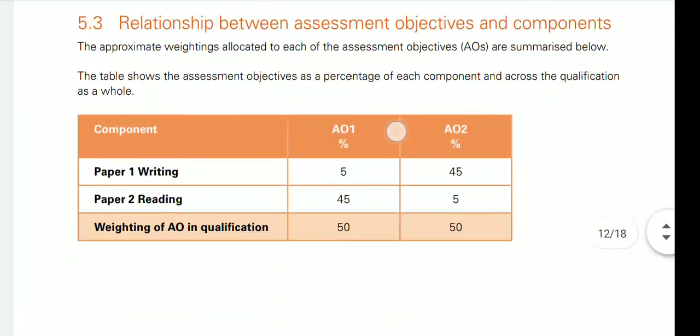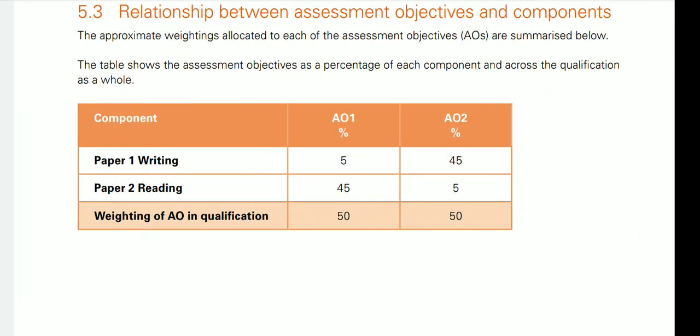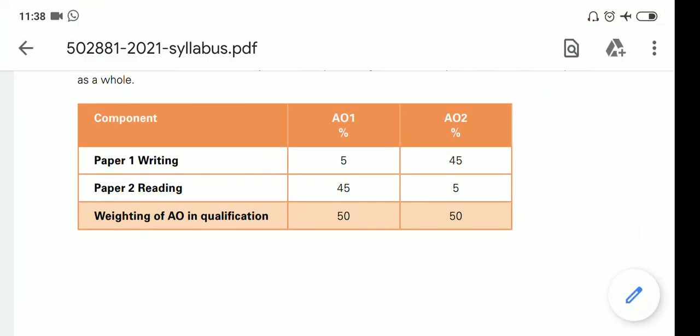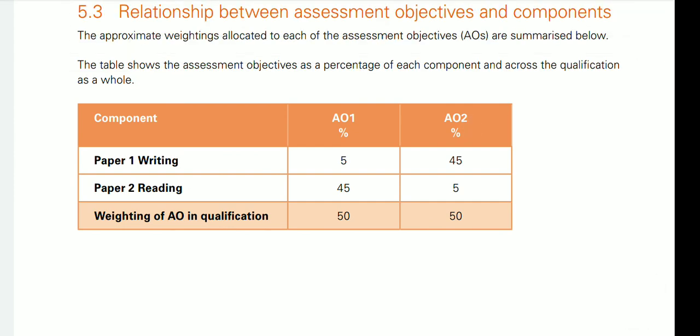And similarly, for the reading paper, the 5% assessment objective is for writing. Definitely, in the reading paper when you are reading passages, your spelling, your grammar and your punctuation also need to be taken into account. And there's a summary as well.